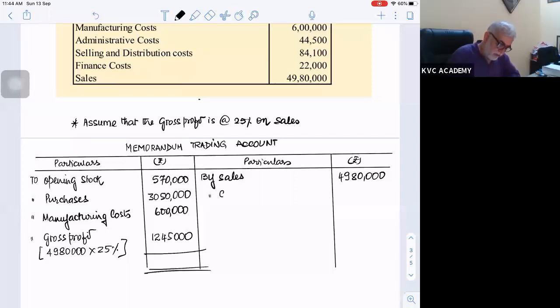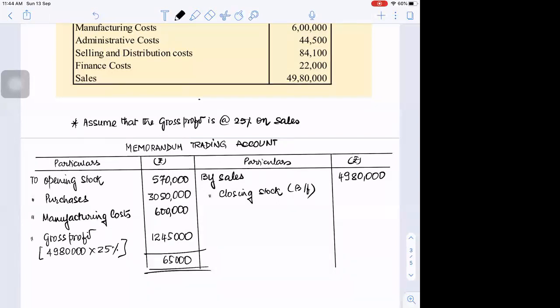So my closing stock would be the balancing figure. 65,000. Four lakh 85,000.